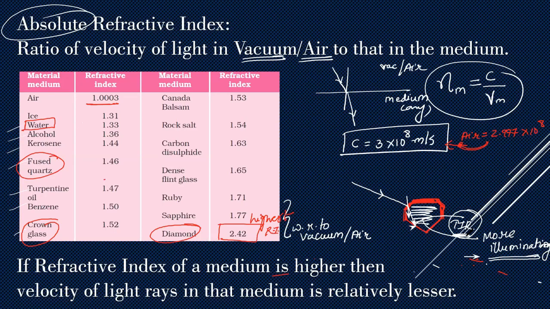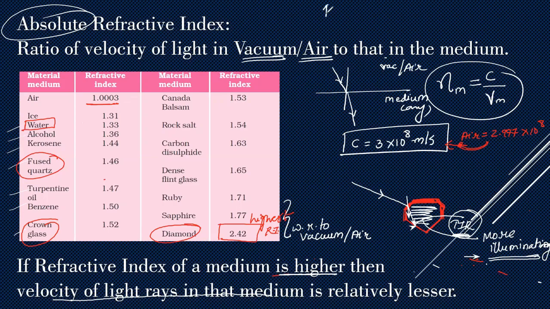For now, just keep in mind that if the refractive index of the medium is higher, then the velocity of light in that medium will be relatively less. So there is a comparison: the more the refractive index, the less the velocity of light, and the more the bending. To go step by step, we can summarize this.